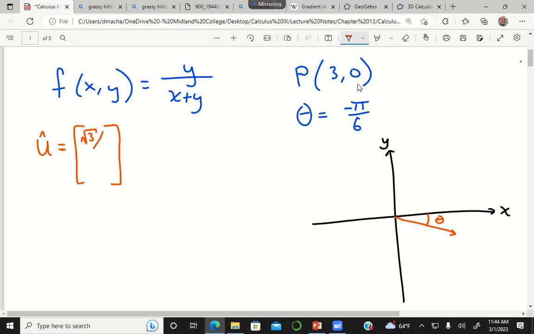Cosine of negative pi over 6 would be root 3 over 2. And what's sine of negative pi over 6? Negative half, yeah. So that's my direction vector, in the direction theta equals negative pi over 6 with a norm of 1. The way you find this is you take cosine theta, and the second entry in your vector will be sine theta.